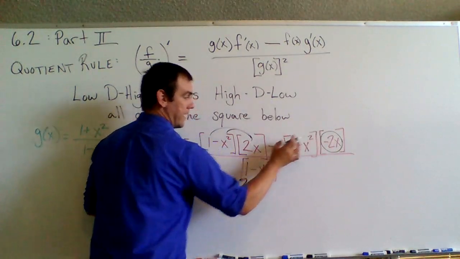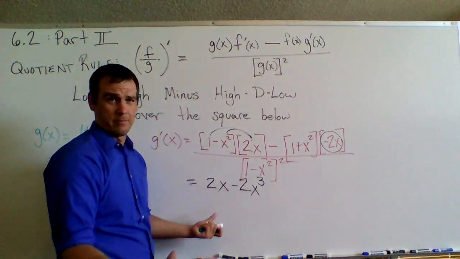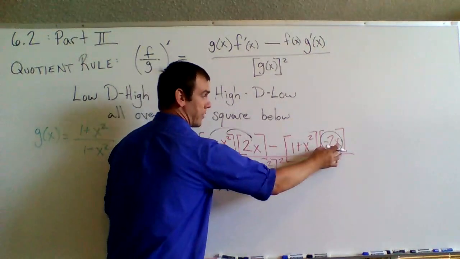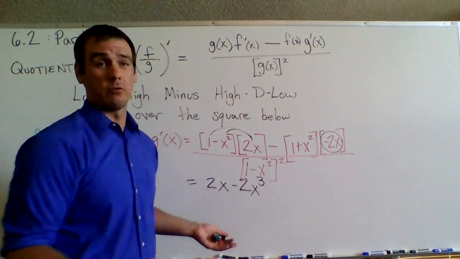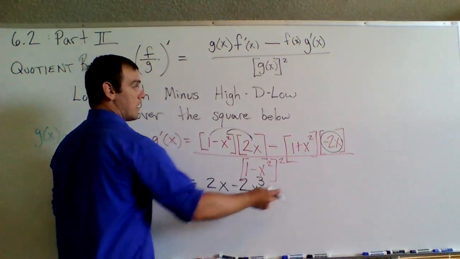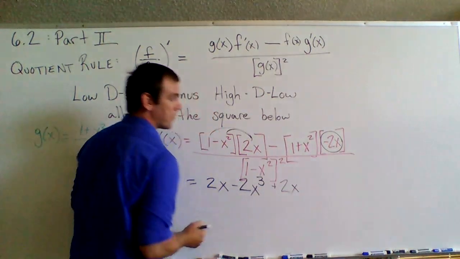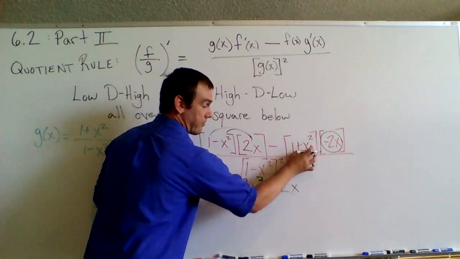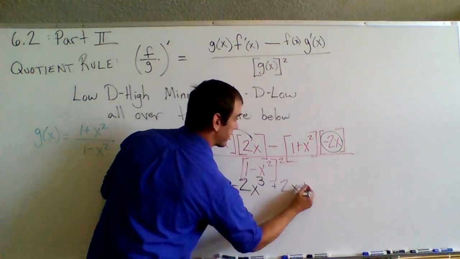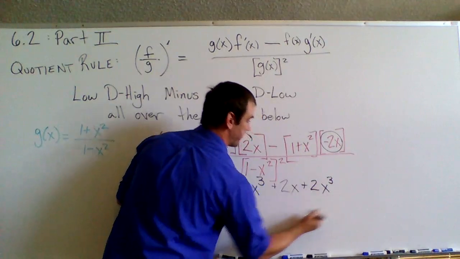Okay, but negative times negative makes a positive. So I could just distribute a positive 2x and everything will be plus. So 2x times 1 is going to be a plus 2x. 2x times x squared is plus 2x to the third.